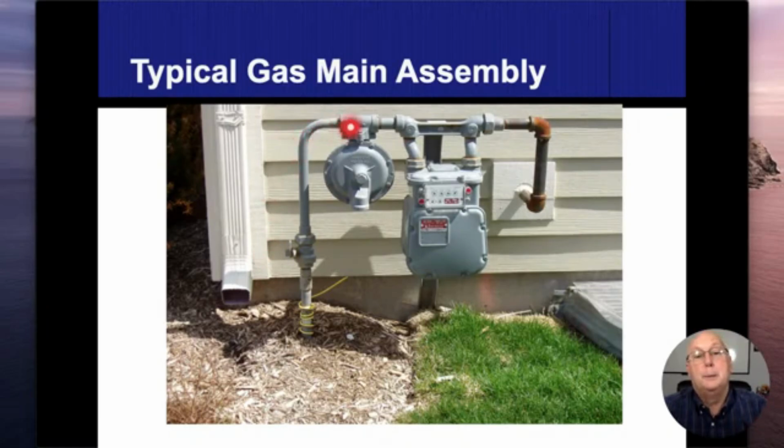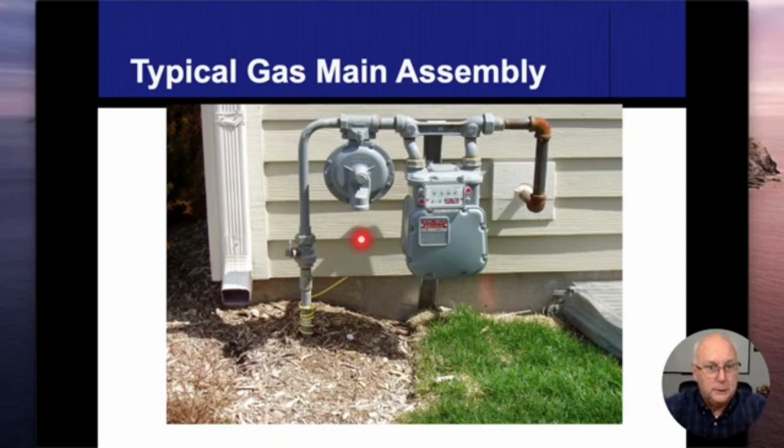So we come up here, it's typically 4 psi, and we're going to come into our regulator. This regulator is going to lower the gas pressure down to, I believe it's 1/4 of 1 psi. And on the bottom here, you're going to see a little opening, and typically there's going to be a screen under there too. That's a pressure relief valve.